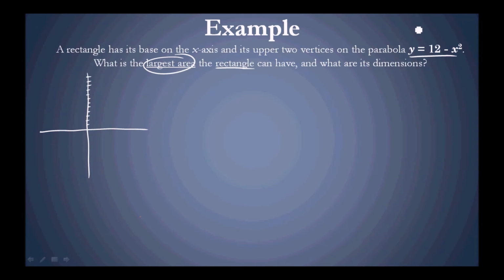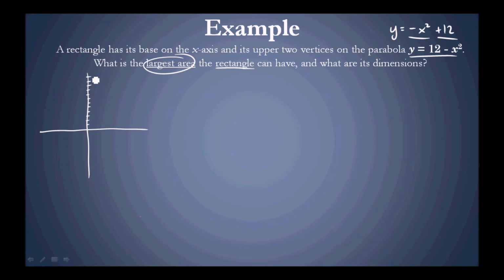A more helpful way of looking at this function, y equals 12 minus x squared, is y is equal to negative x squared plus 12. So we know this is a vertical translation, and because of the negative, we're looking at an upside-down parabola.